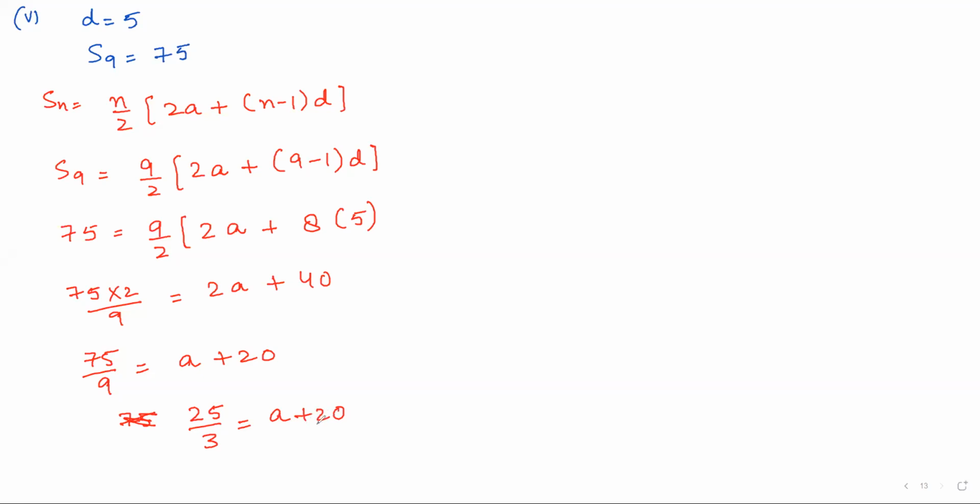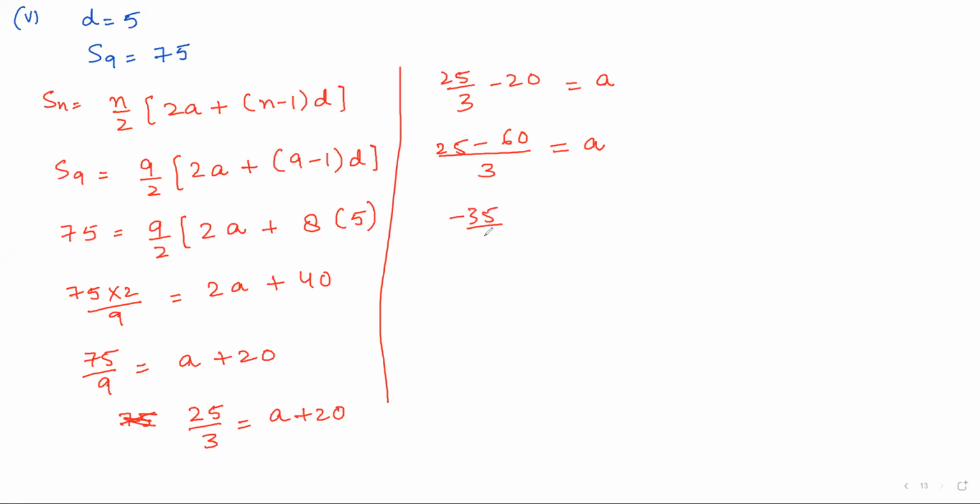Last time I was getting a plus 40, so that was the mistake, I think. 25 by 3 minus 20 is equal to a. Now you take LCM. So 25 minus 3 into 20 is 60 is equal to a. And then 60 minus 25 is 35. Minus 35 divided by 3 is equal to a. So that is my a, right?